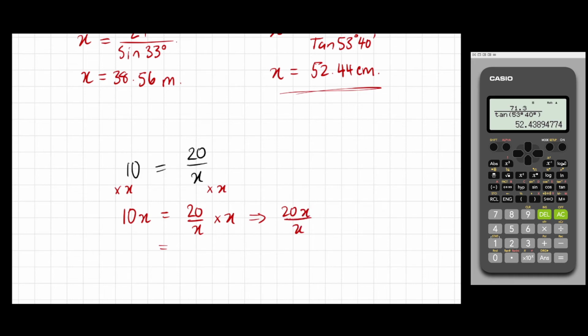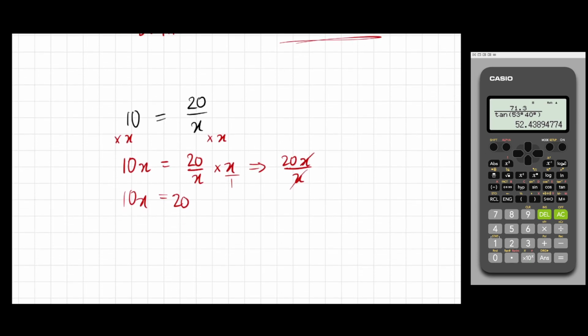Because when you multiply fractions, x is the same as x over 1, so it's like 20 times x over x times 1, okay? And when you've got this 20x over x, the x's cancel out, because x divided by x is just 1. So conveniently, on the right-hand side, the x's cancel out, and we're left with 10x is equal to 20.